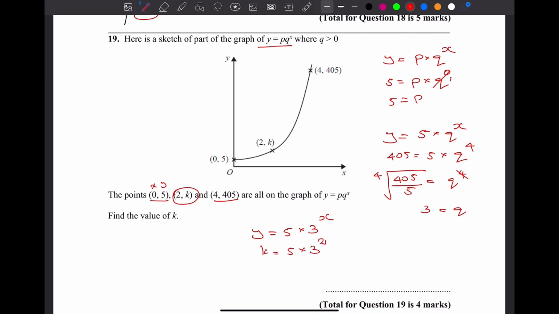Now they want k. x is 2, y is k. K equals 5 times 3 to the power 2, that's 9, so k is 45. Good. Make sure to do it, and whatever corrections, redo it again, without looking through it.